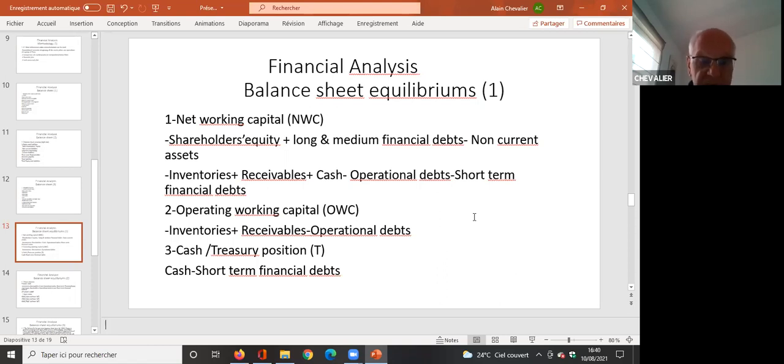Do we know cases which are different? It means first, cases with negative operating working capital. The answer is yes. Where do we find that kind of specificity?